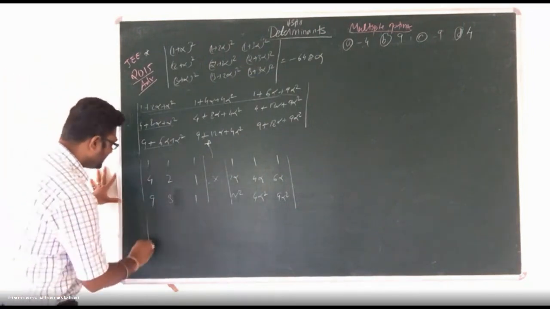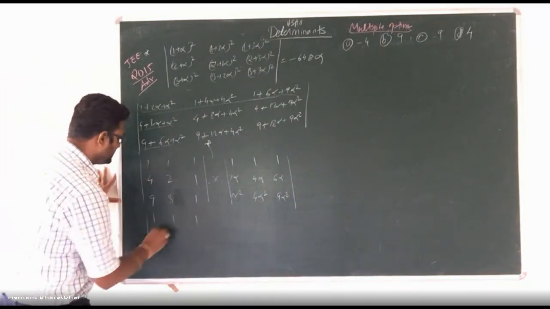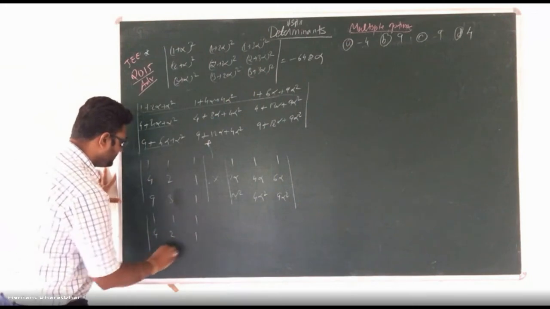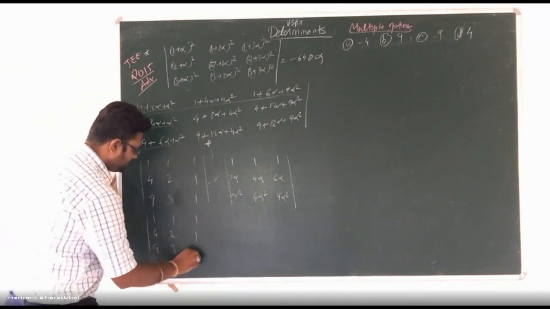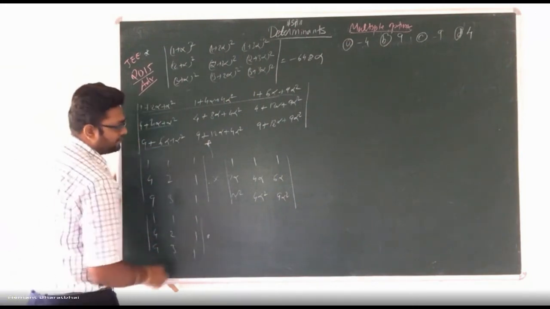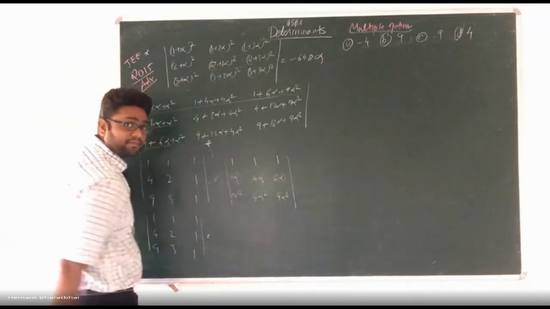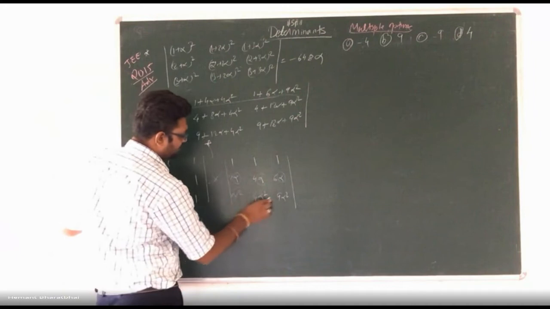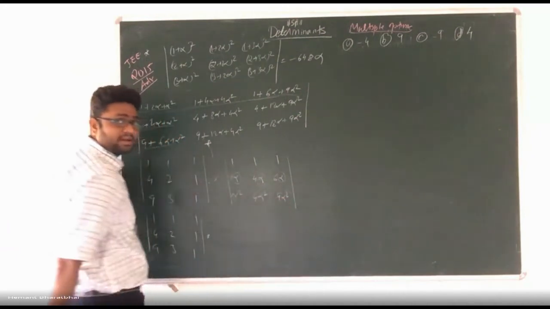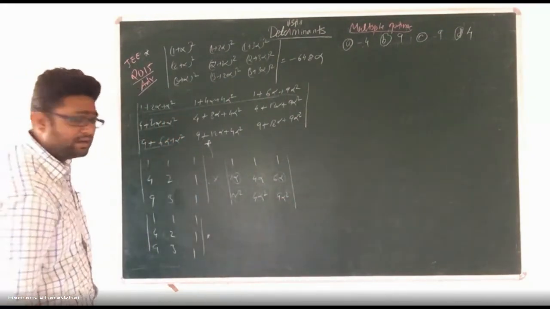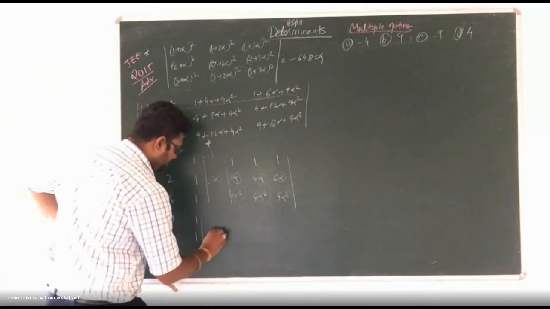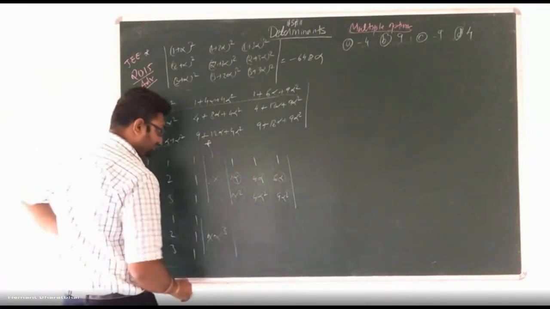Okay, so I can write it as 1, 1, 1, 4, 2, 1, 9, 3, 1, and from this entire row I can take alpha as common, and from this entire row I can take alpha square as common. So alpha into alpha square is going to give me alpha cube over here.